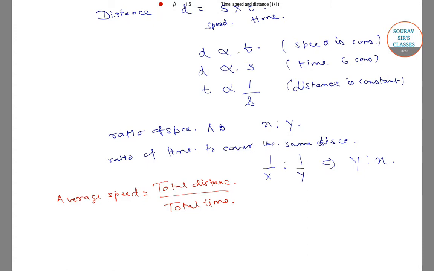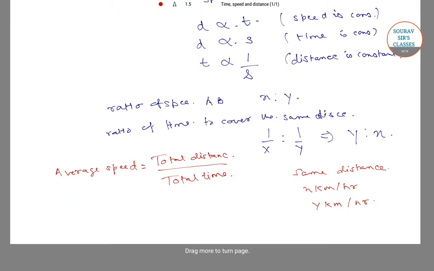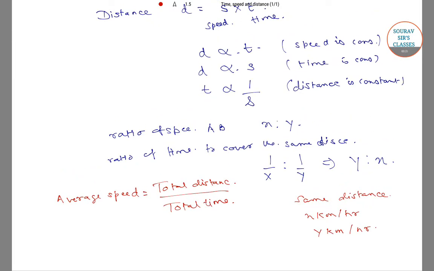However, if the same distance is covered at two different speeds, let us consider x kilometer per hour and y kilometer per hour, then the average speed in that case is given by 2xy divided by x plus y kilometer per hour.